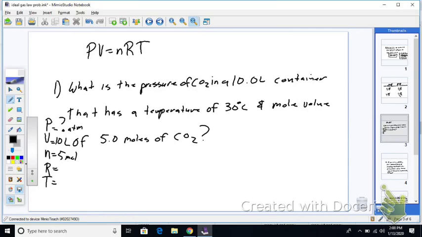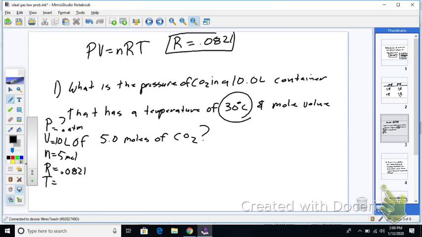R is always going to be 0.0821. It's kind of like pi is 3.14. This is the ideal gas law constant, and it's always 0.0821. I always give that to you, so I'll give you those 2 when you have to do a problem. Temperature is in Celsius, and this has to be in Kelvin.